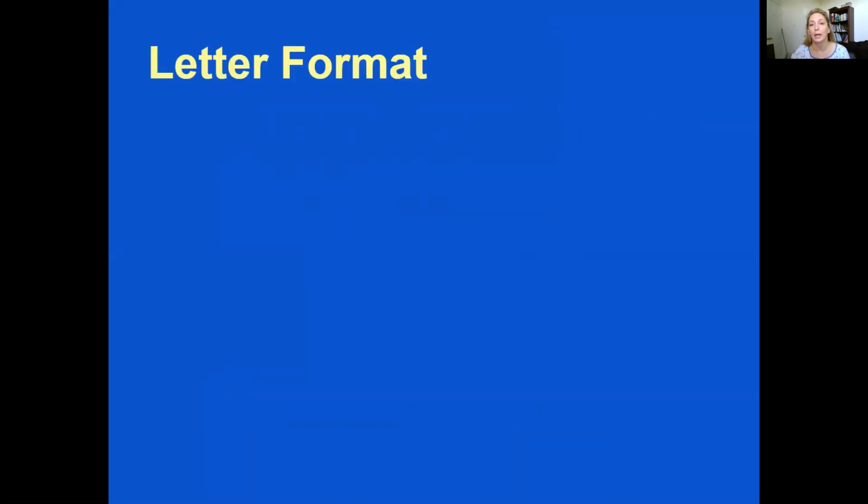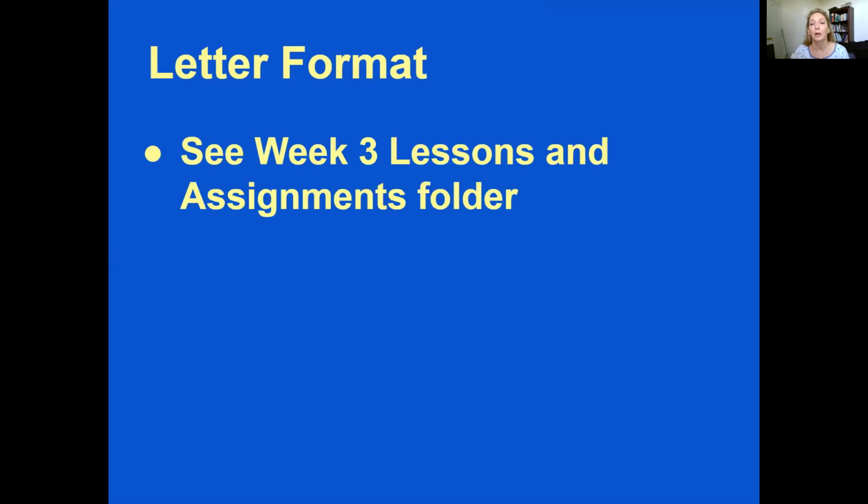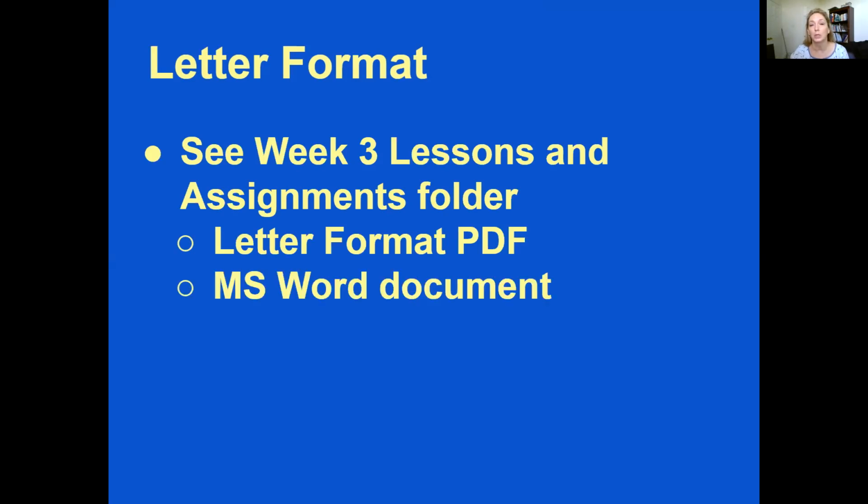The letter format is something that you'll need to know for this assignment. We have not yet covered how to write letters, so I am going to provide you with some formats to use, basically templates that you can download. And it will be in our Week 3 Lessons and Assignments folder. I'm going to give you a PDF that just describes it and shows you an example of it. But then I'm also going to give you a Microsoft Word document you can download and use.